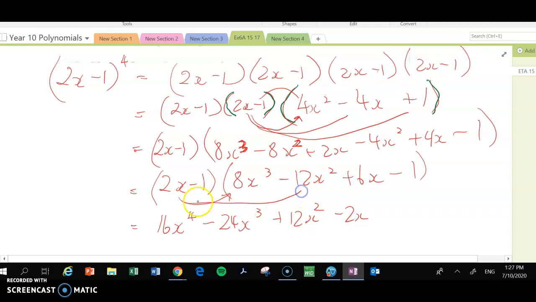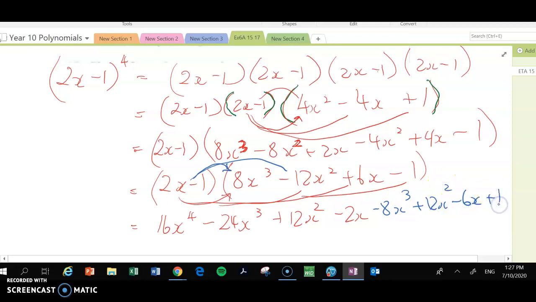Remember, we're multiplying by the 2x every time. And then finally, minus times that is minus 8x cubed, plus 12x squared minus 6x plus 1.